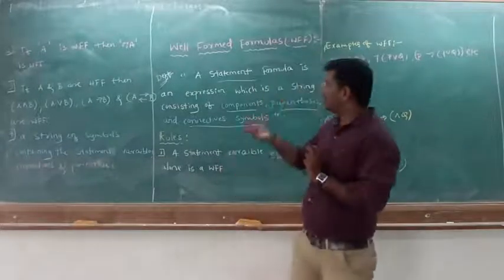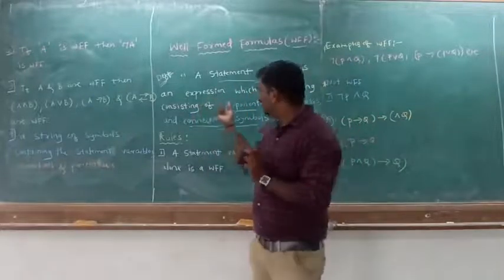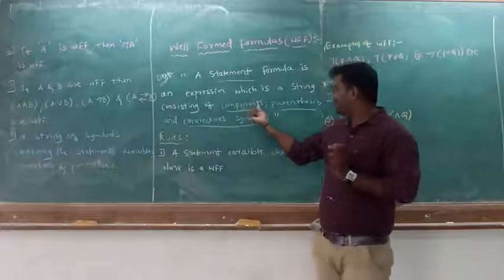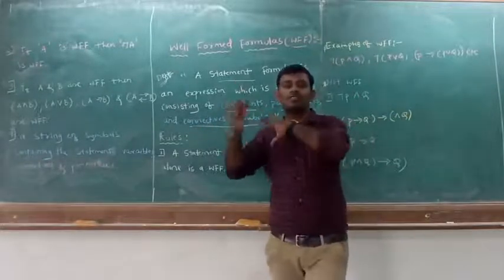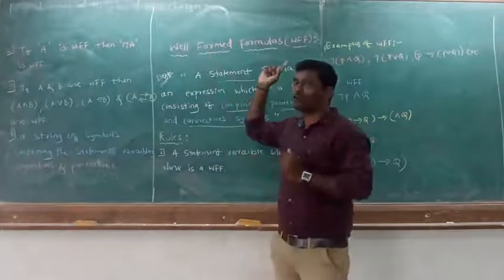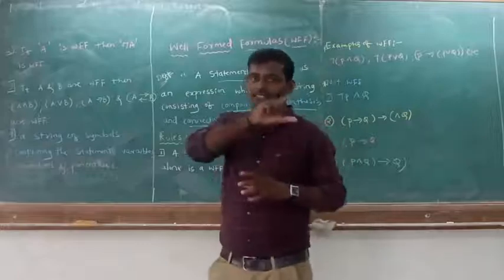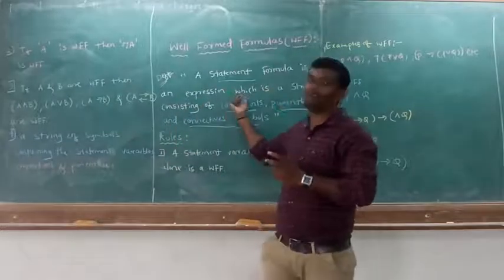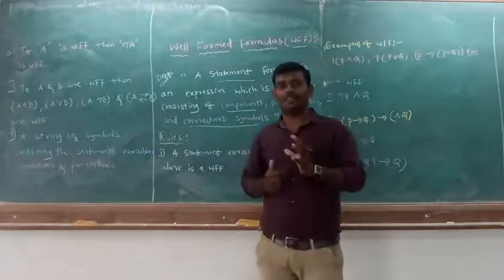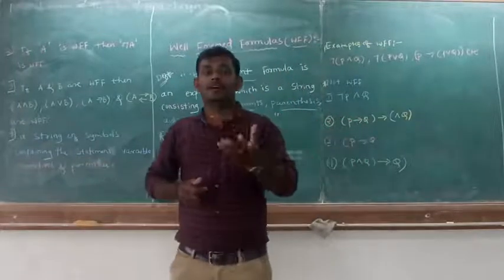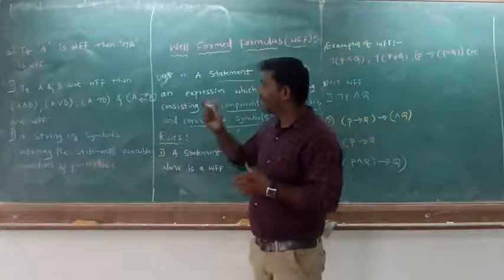So here a statement formula is an expression, a string consisting of components, primary statements, plus parenthesis plus connective symbols. This whole string is called a well-formed formula. The same definition as the statement formula will be there in the well-formed formula, but for the well-formed formula certain rules will be followed to construct the statement formula, that is, how the statement formula will look.